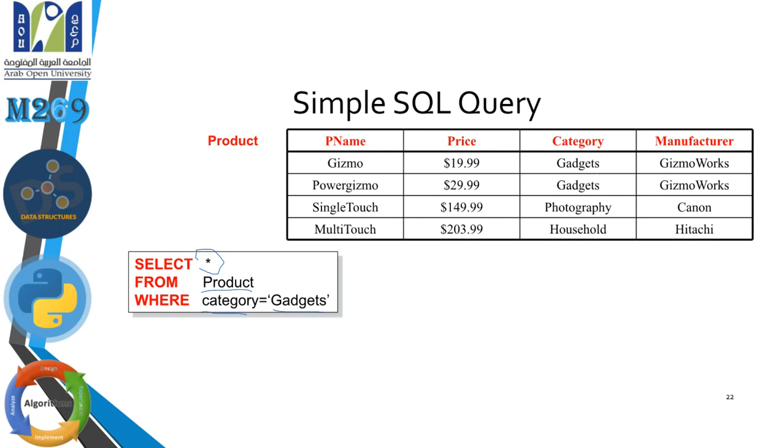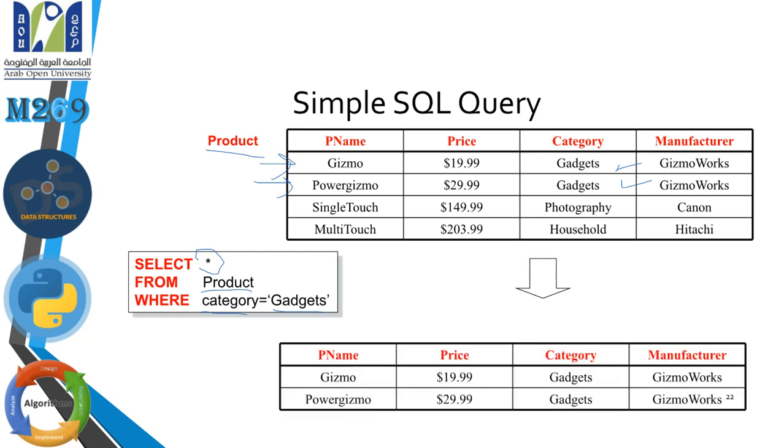So I will select all the rows from the table Product with category gadget. The output will be only these 2 rows. You see, these are the 2 rows selected.